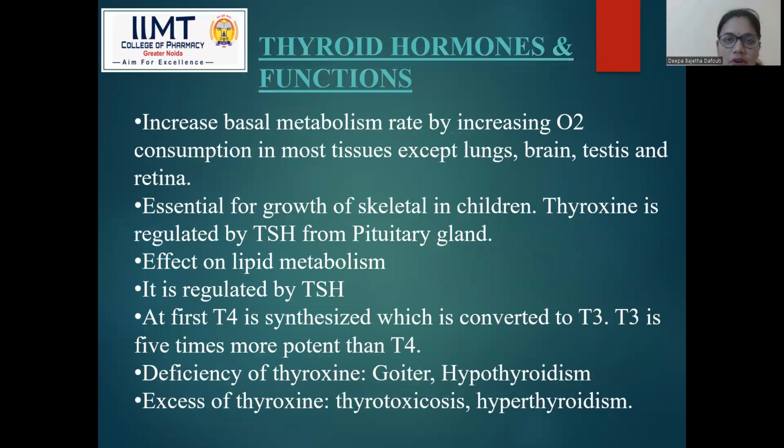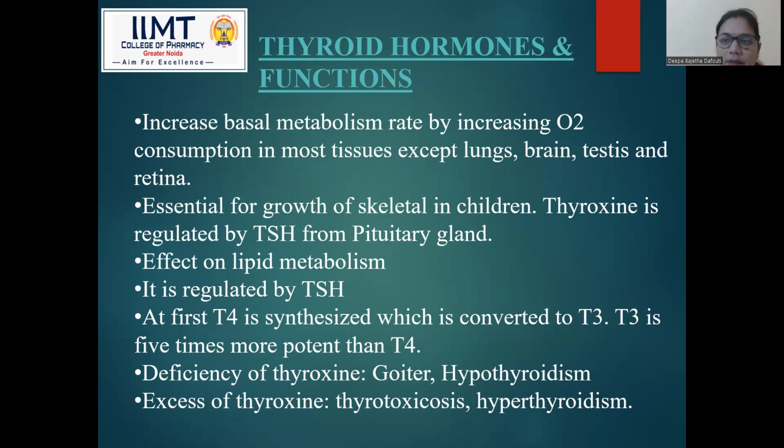So the functions of these hormones: first, they increase basal metabolic rate by increasing O2 consumption in most tissues except lungs, brain, testes, and retina. They are essential for growth of the skeleton in children. Thyroxine is regulated by thyroid stimulating hormone TSH from the pituitary gland. It also affects lipid metabolism.